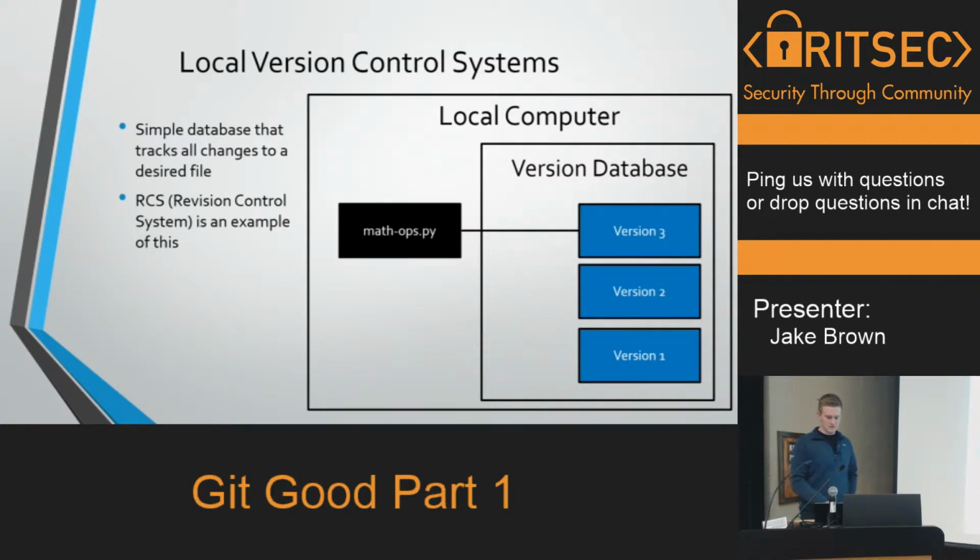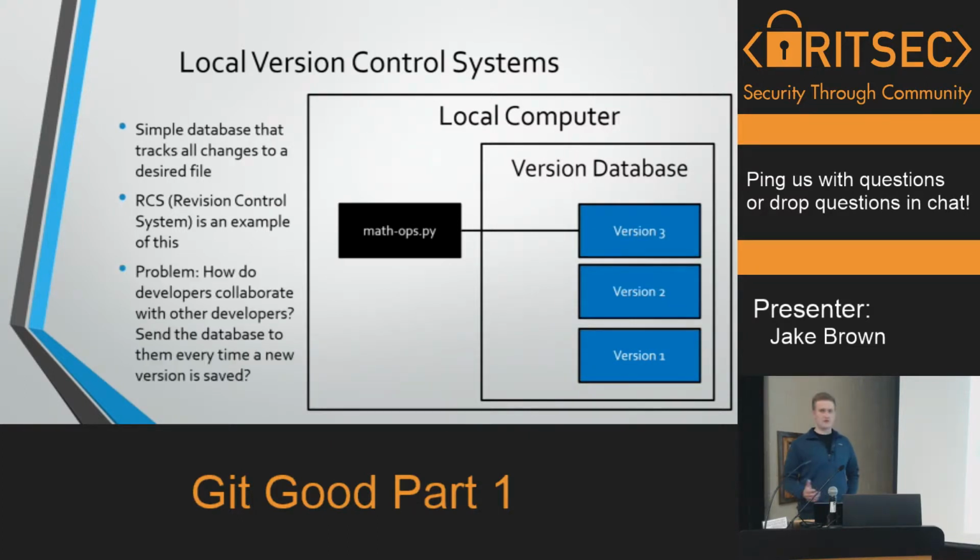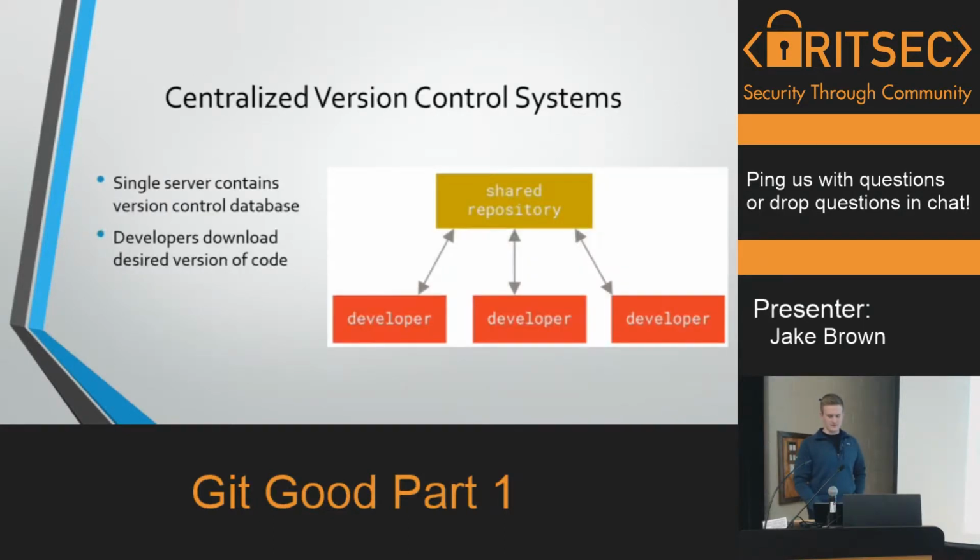Well, it's got one glaring issue, which is collaboration. How would developers collaborate with others on the same project? Would you send the database every time you made a version change to another developer? That would be unwieldy and not sustainable. So to fix this, developers started using centralized version control systems, which work by having a single server hold the version control database for every file we're tracking.